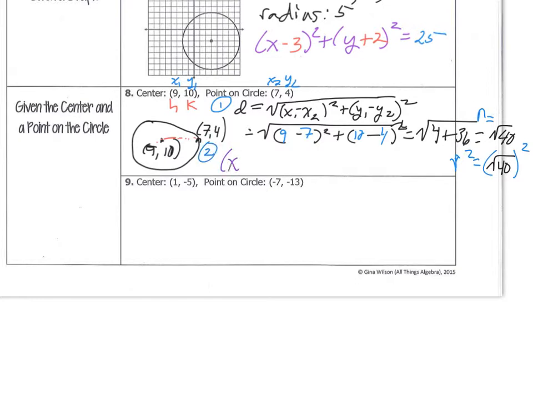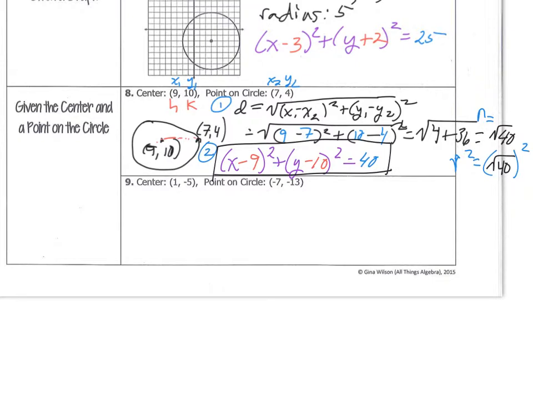You've got x minus 9, because we're going to change the signs of our center, plus y minus 10 squared equals our r squared, which is just 40. And this is our equation right there.